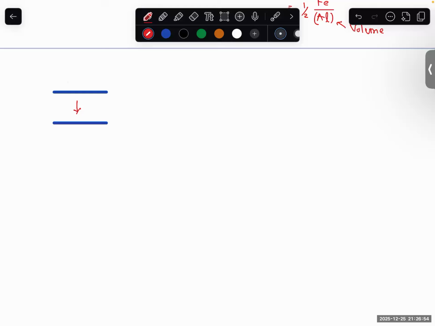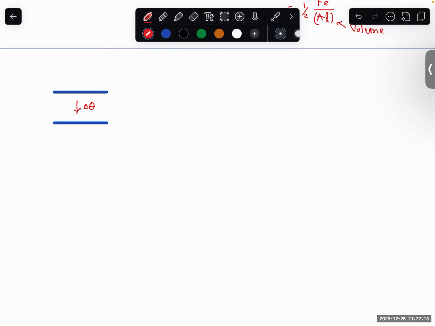Kinetic energy of molecules increases. Yeah, correct. So the vibrations increase. So the distance increases all over.